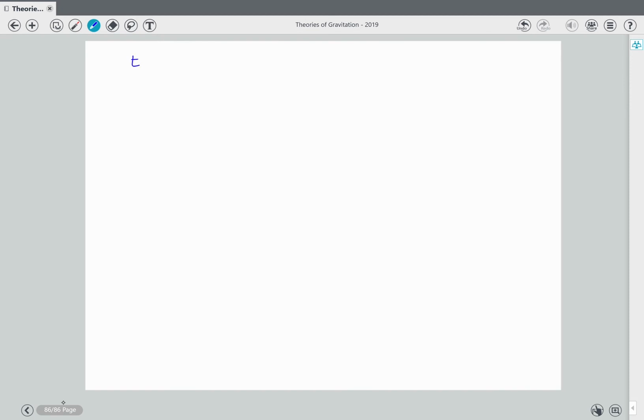Then we had the basis e_i such that g(e_i, e_j) equals δ_ij. This will go into what the basis will be called, small e with new type of indices, small a.